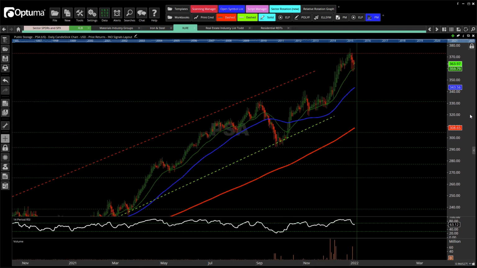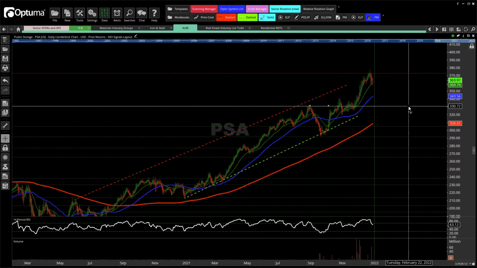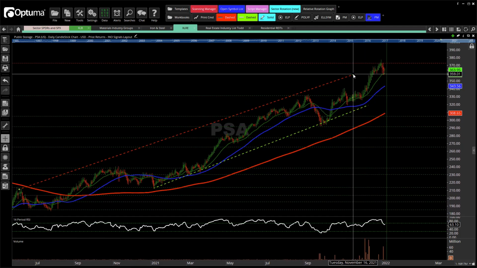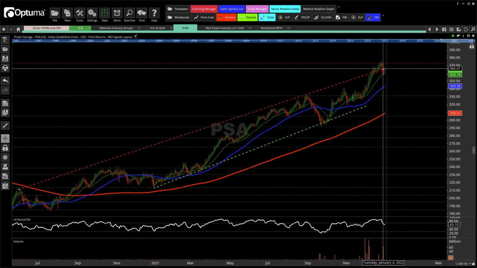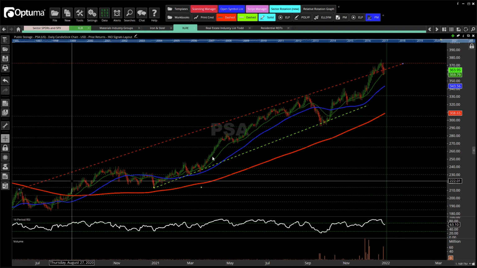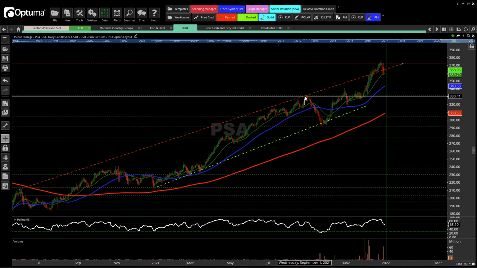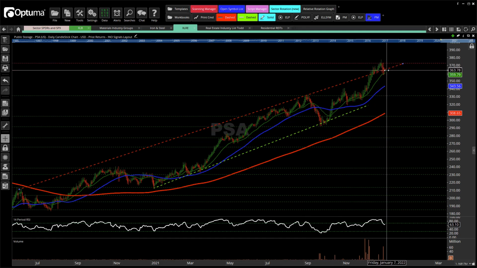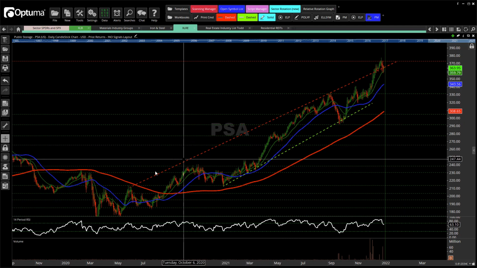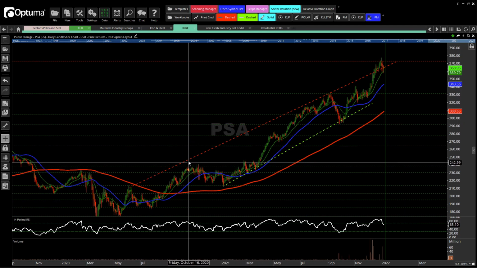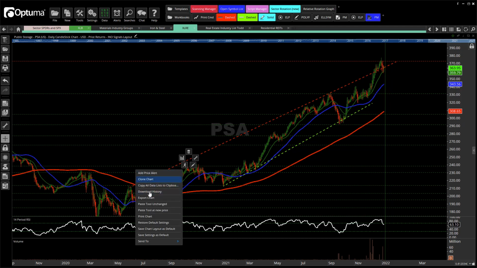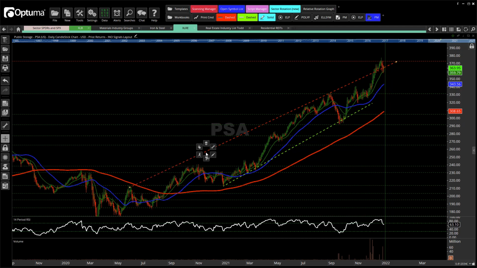If I zoom out a little bit more, you can see we've had a beautiful uptrend in this stock for quite a while. I will say that if I extend this up here, through a high dated back to June 2020 through the high that we hit September 1st, we do have a little bit of an overthrow here. But I'll tell you what, you could easily parallel this. Let's do this here. I don't want the chart, I want the tool.